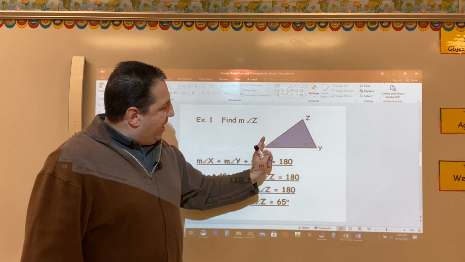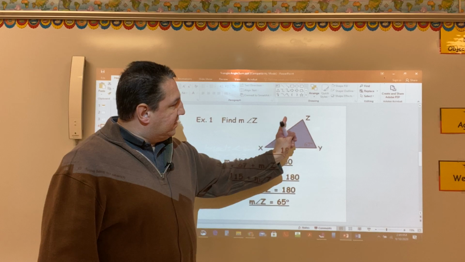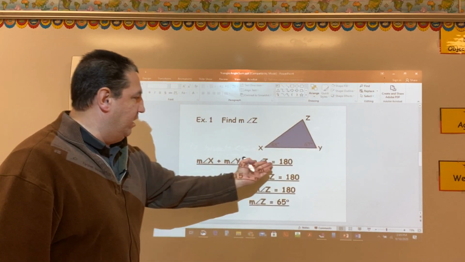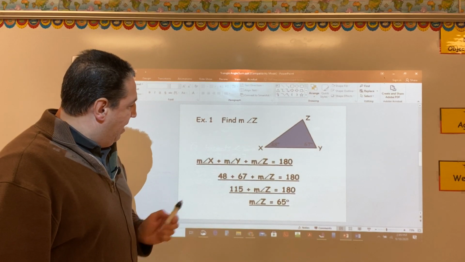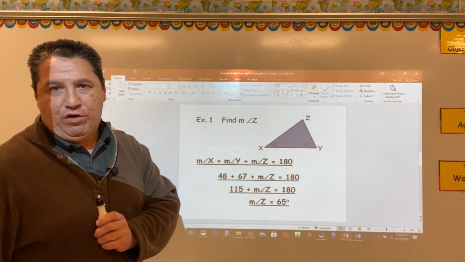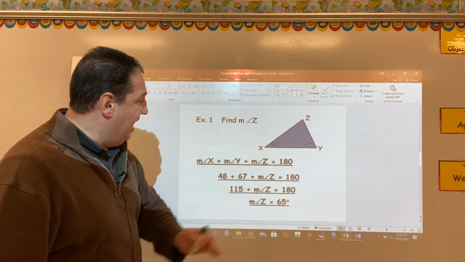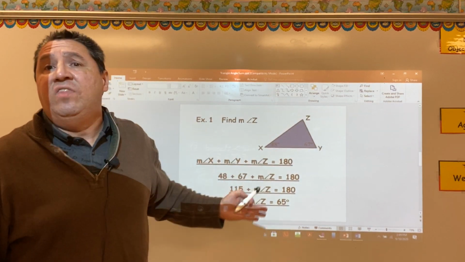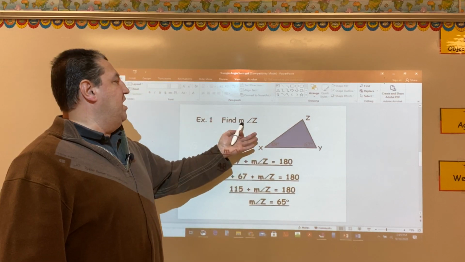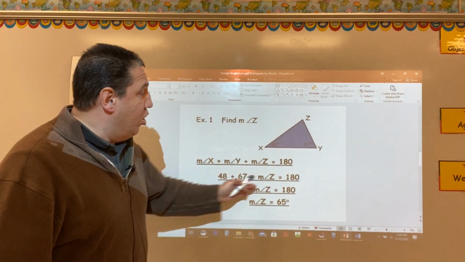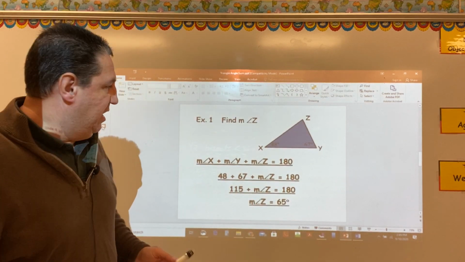We know measure of angle X plus measure of angle Z plus measure of angle Y equals 180. Now, measure of angle X equals 48, measure of angle Y equals 67, and measure of angle Z is unknown. We can denote it by measure of angle Z or by X, and we solve for the unknown.